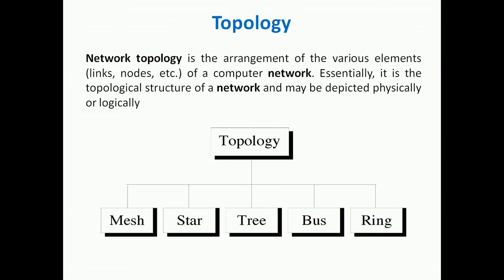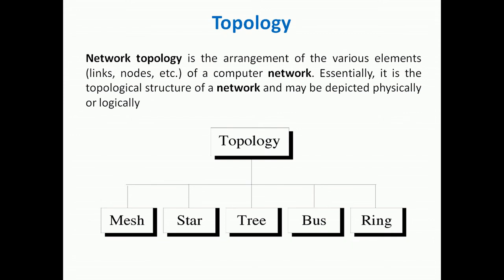And after this, topology. What is topology? Network topology is the arrangement of the various elements. Various elements means in the network there are so many nodes.